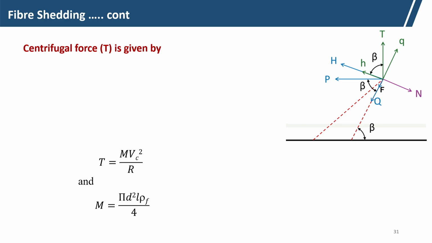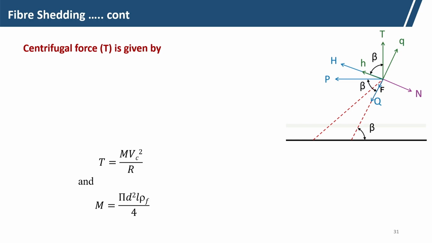So centrifugal force is given by m v c square by r, and m is nothing but the fiber mass, if we know the fiber density, fiber length, and diameter of fiber. So, pi d square by 4, and total length of fiber is L, rho f is the fiber density.